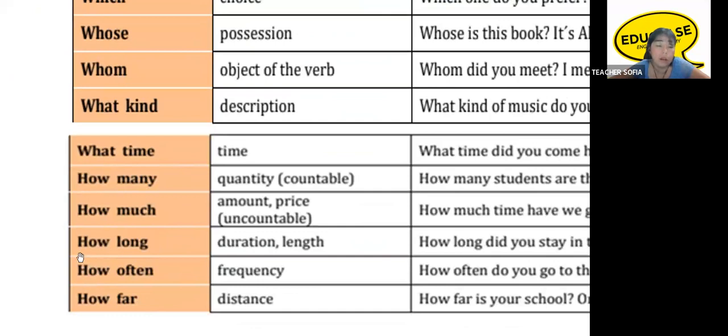I mean, ¿qué tan largo? ¿Qué tanta duración? Yeah, it's cuánto tiempo, right? It's similar. ¿Con qué frecuencia? How often? ¿Qué tan lejos? How far? So we don't use anymore the individual meaning, like how, como. Okay? So that's what we have.